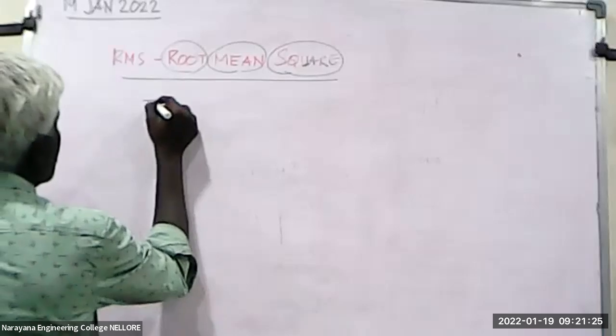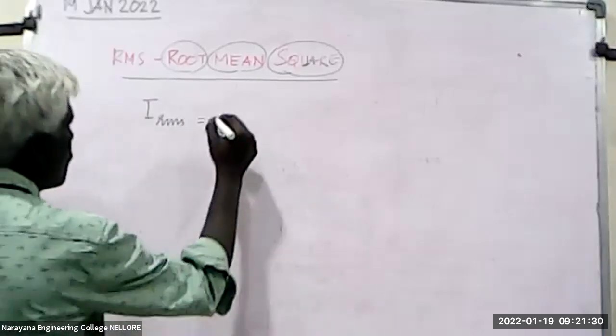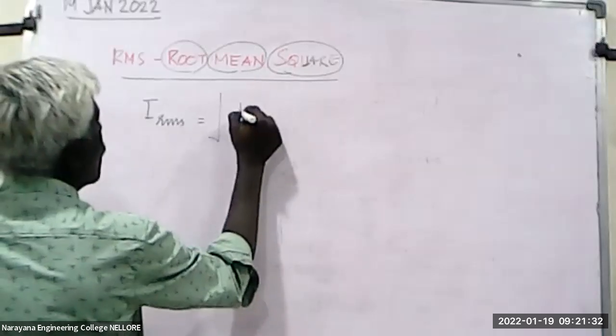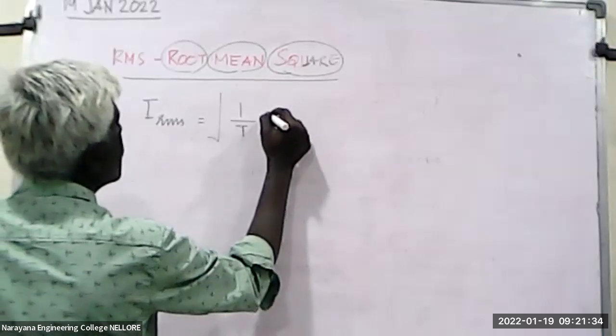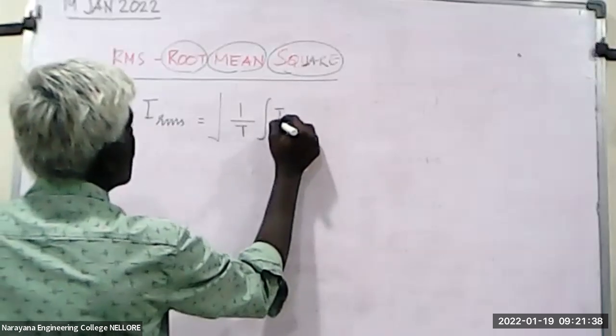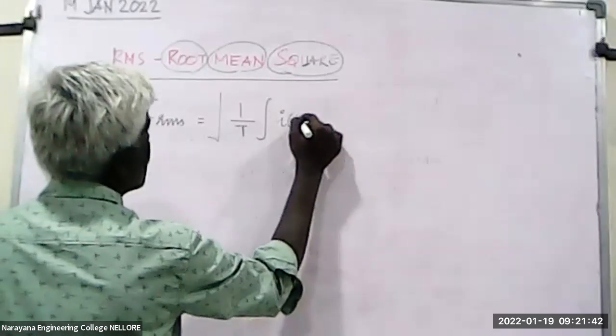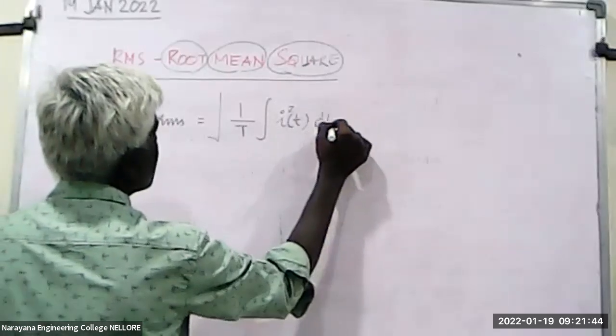So now, IRMS in general is in terms of 1 over T, integral of I of t squared dt.